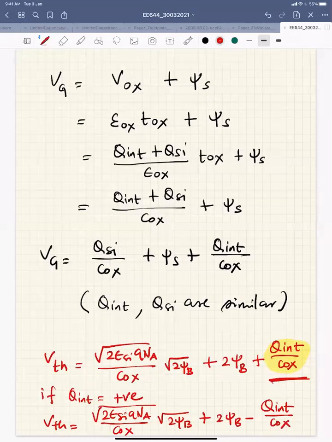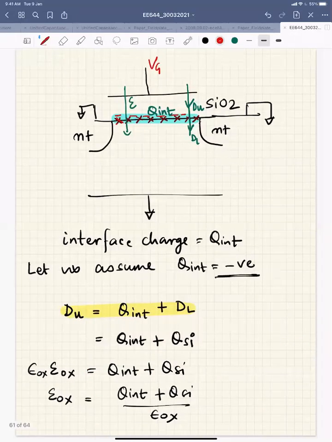Why will the threshold voltage be lower? Because if I have positive charge at the interface, this positive charge will also induce some negative charges in the silicon. The negative charges in the silicon are not induced only by the gate field, but also by this positive charge at the interface.